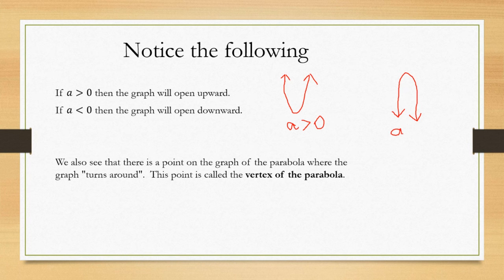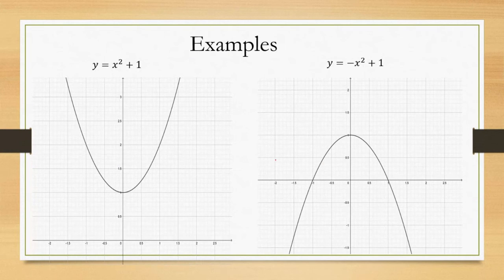So this is if a is negative. As you can see. So this is one way a affects the graph, so to say. And I did try to draw it here, but it's better seen here.